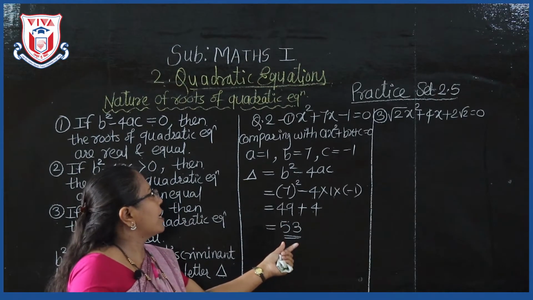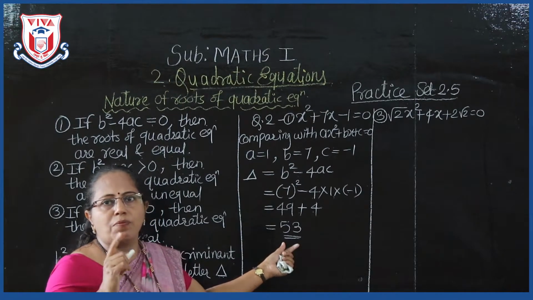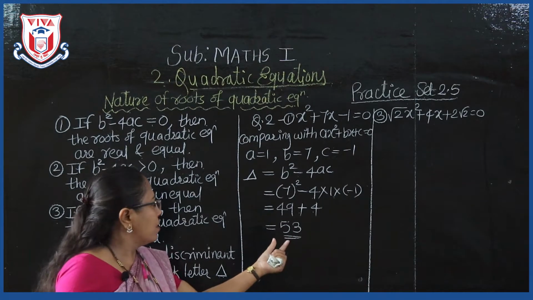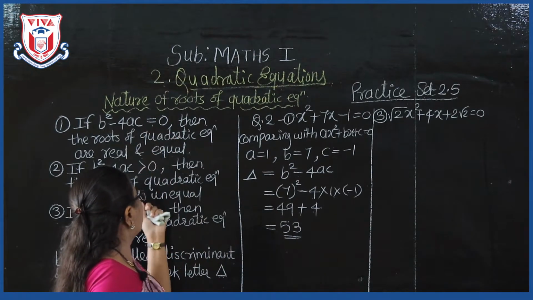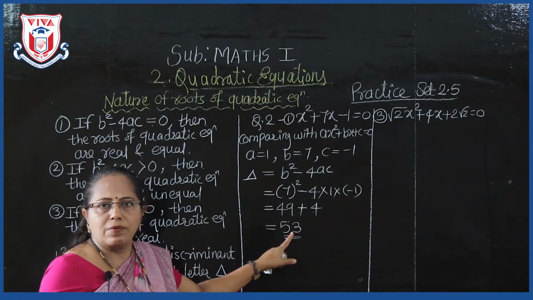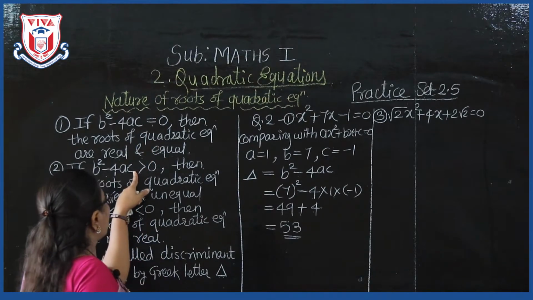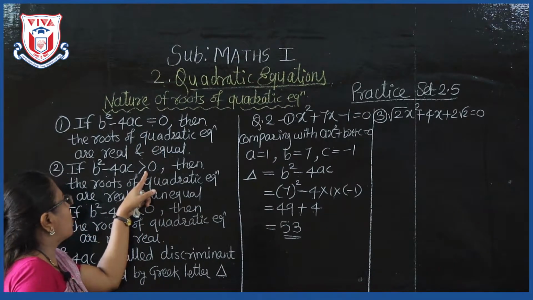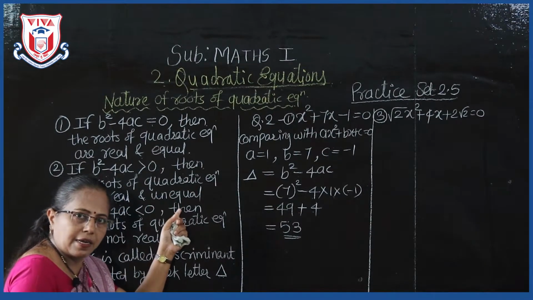But in next question number 3, they ask to find the nature of roots of the quadratic equation. So in addition to this, we have to compare this with these three rules. This 53 is a positive value, which is greater than 0. So if this value is greater than 0, then the roots of the quadratic equation are real and unequal.